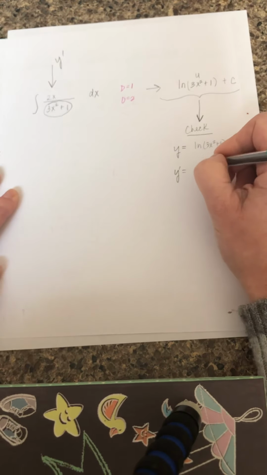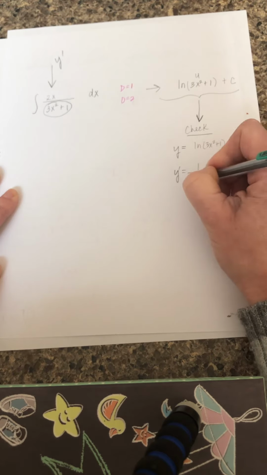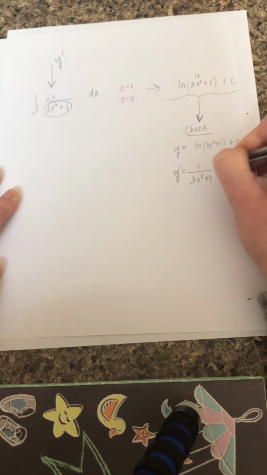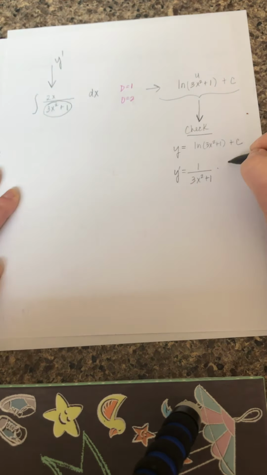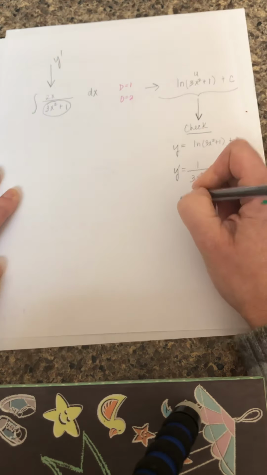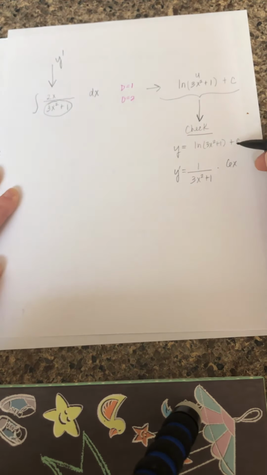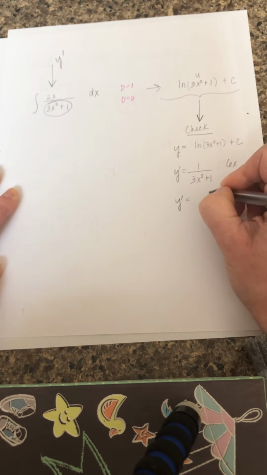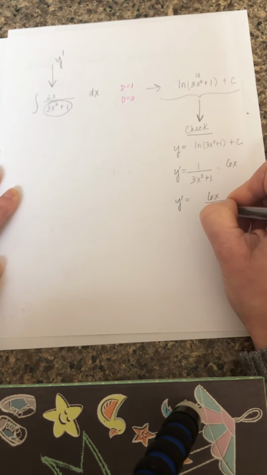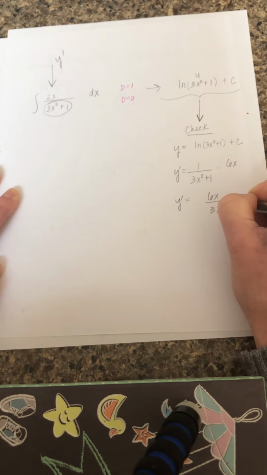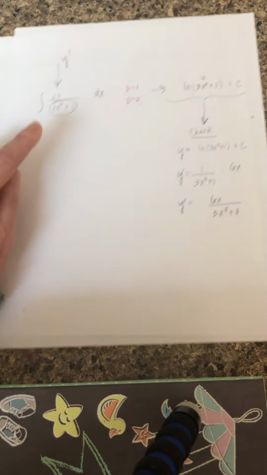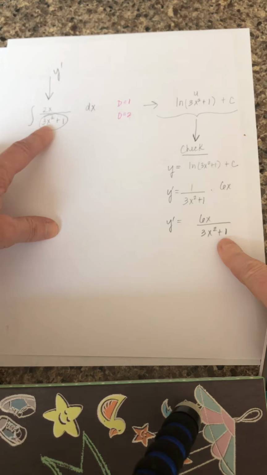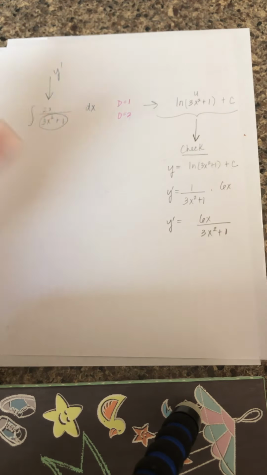So the derivative of a natural log function is 1 over u times the derivative of u, which would be 6x. And of course, the derivative of any constant would be 0, so that would be dropping out. So if we clean up our derivative, again, we will notice that we do not have a direct match. We're very close, but it's not perfect.